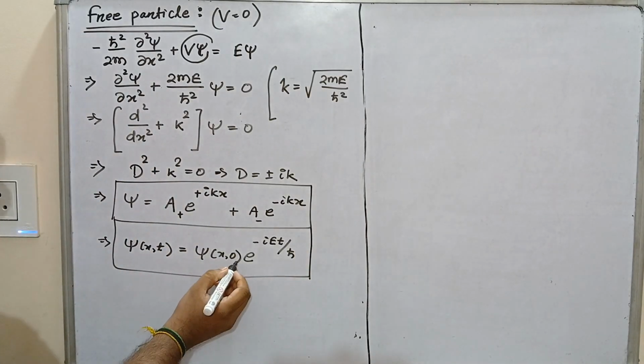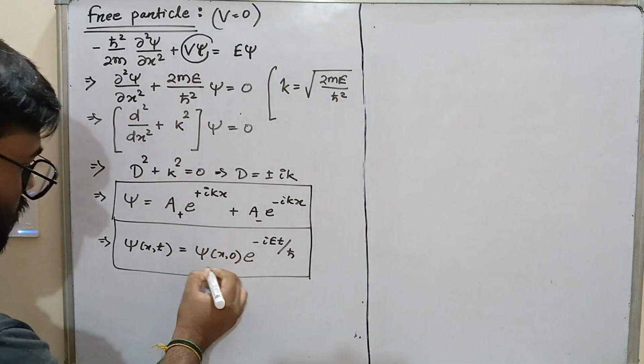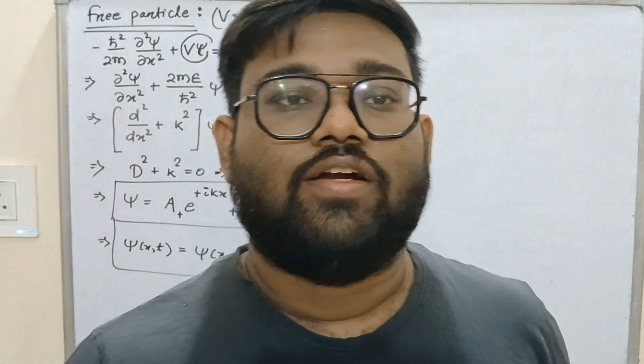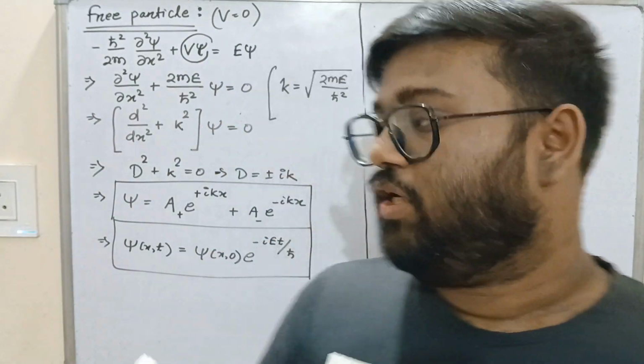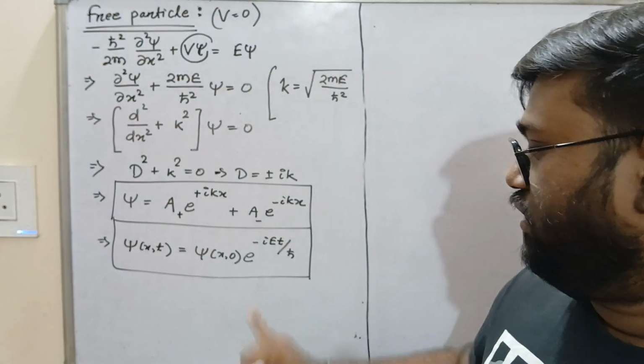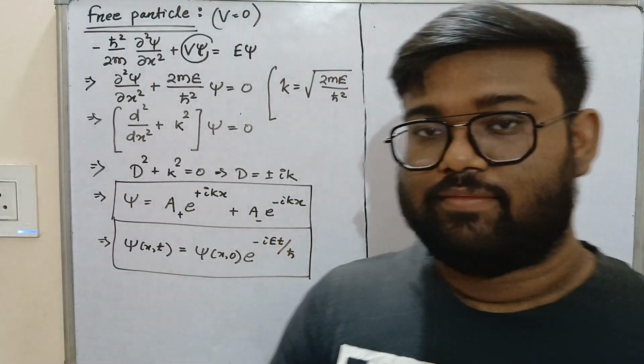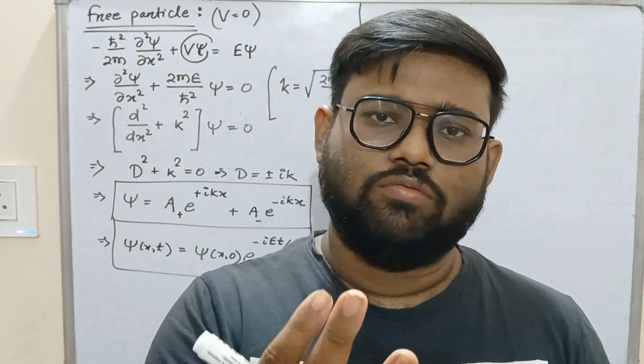It means if you are given a wave function at time equal to 0, then you can transform it to get it at time equal to t. This is the formula. This is energy, this is time, and this is your h bar.